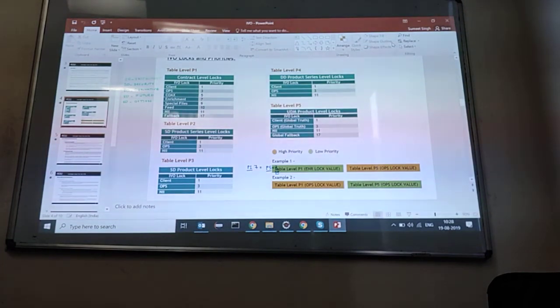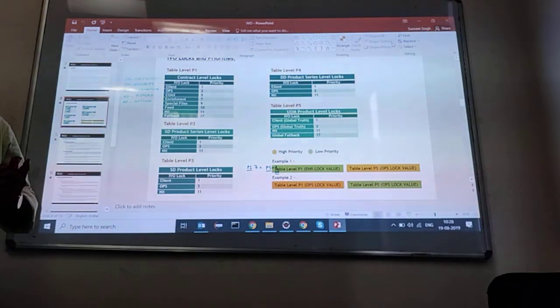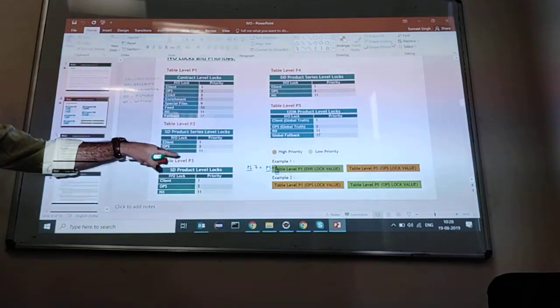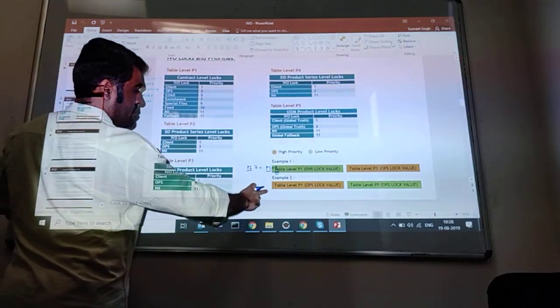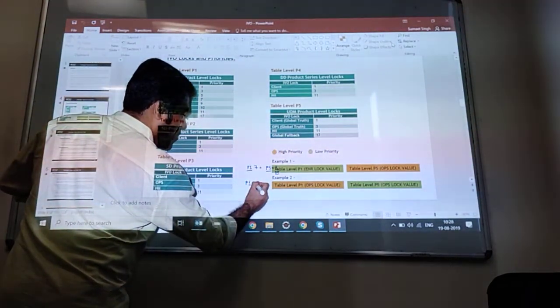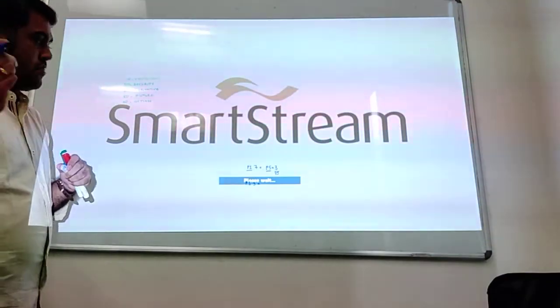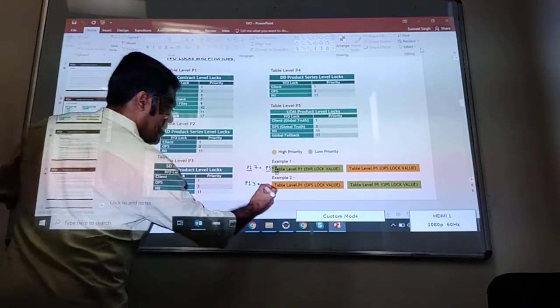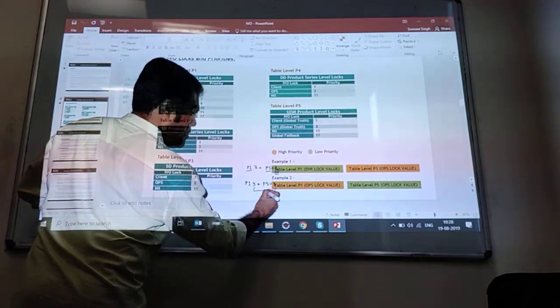So lock level priority will always get consideration first, and then the table level priority. Now you will say, in that case, always the lock level will win the race, so why do we want to see the table level? There can be a possibility wherein my lock level priorities are the same. So that is the second example. In the second example, my table level is P1 again and my lock level is 3, and my table level 5 over here, again the lock level is 3.